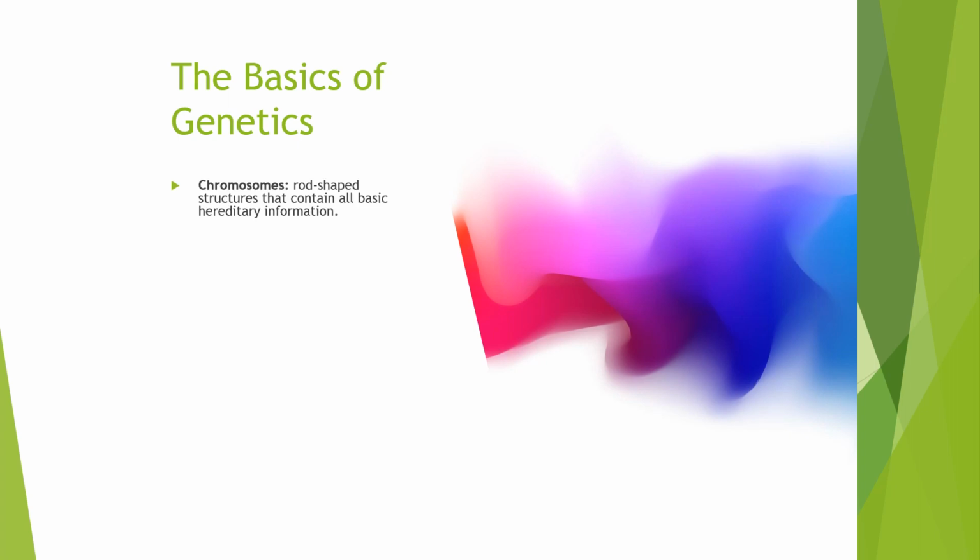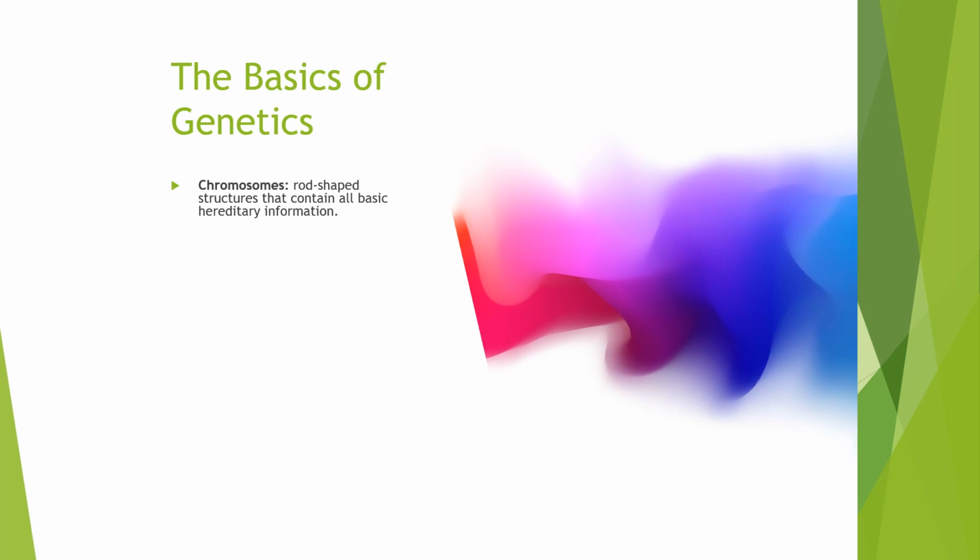All right, so let's look at something really basic, and we're going to talk about genetics first off. So this is going back to probably like a biology 101 course. This is stuff that you probably learned in your high school biology class or high school health class. All right, so first we're going to talk about chromosomes. A chromosome is a rod-shaped structure that contains all of your hereditary information.